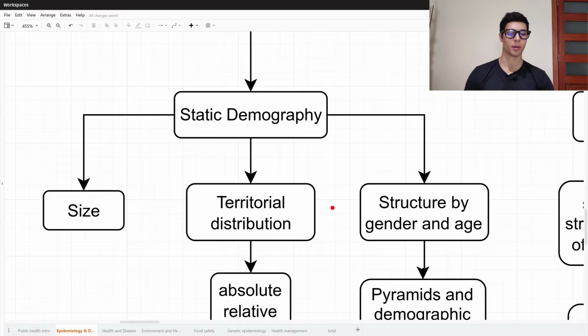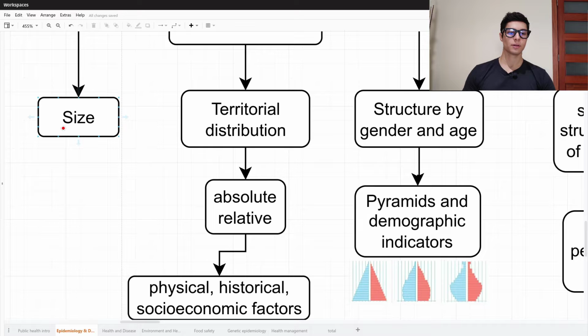They are as they are, because we will see on the dynamic demography that we will study something that is continuous and changes. Again, size of a population is how many people, for example, there are in a given territory, and how many are boys, how many are girls, and those types of numbers.